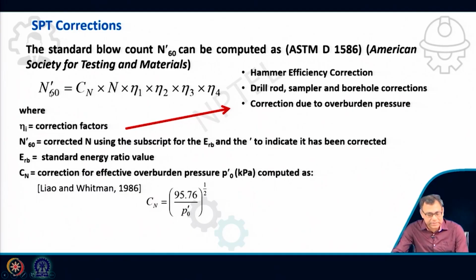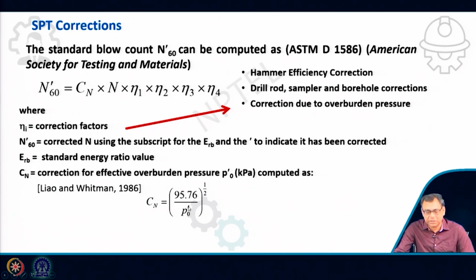N dash indicates it is corrected, and Cn is for the effective overburden pressure. Cn I will get from this expression, which is normalized by 100 kilonewton per meter square. This is 95.76, which is close to 100 kPa. Then this is the effective overburden pressure.